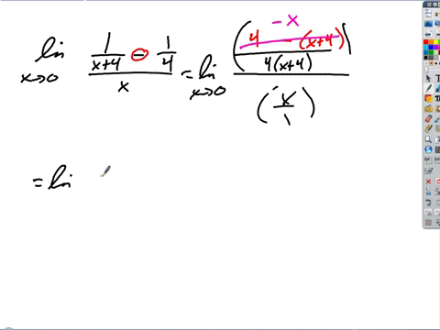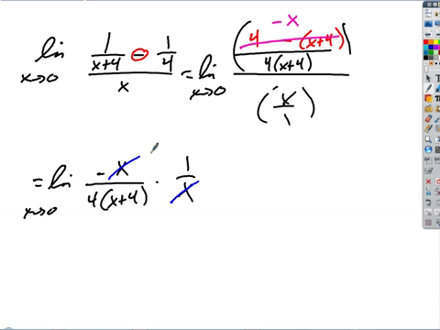Okay, so we could just replace all that stuff with a negative x. So then I get the limit of negative x over 4 times x plus 4, times 1 over x, as x approaches 0. And now I get my cancellation, because we've got a product of fractions, I can cancel diagonally here, like so.